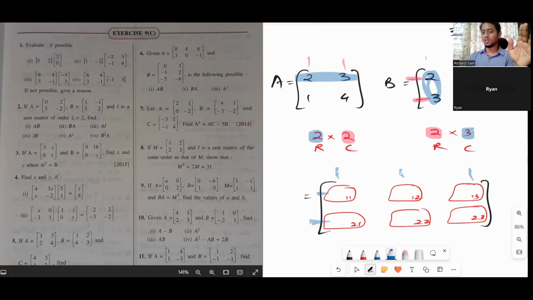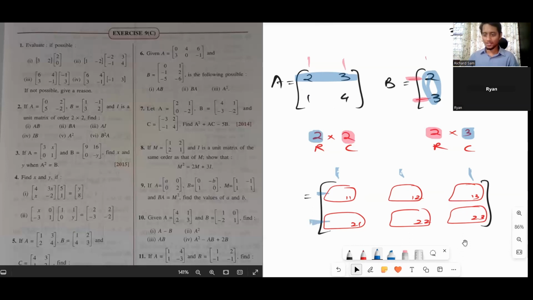To get 2, 1, you have to look at second row and first column. To get 2, 2, second row with second column. And to get 2, 3, second row with third column. It's a little confusing, but this is how it is.